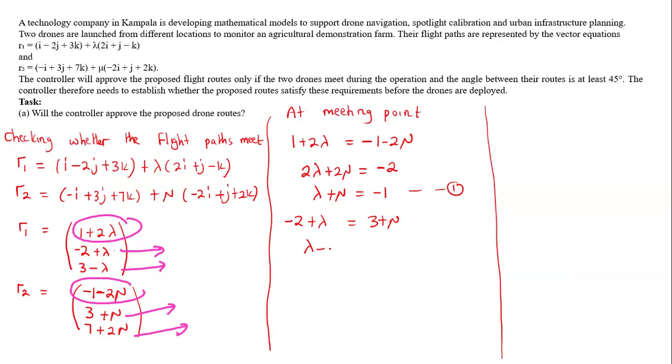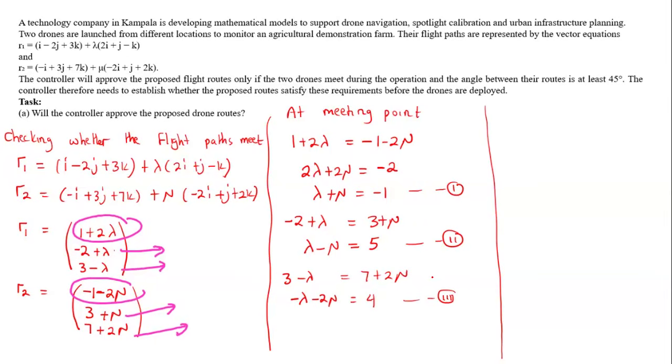So this will be lambda minus mu is equal to 5, and this is your second equation. Then if you want, you can form the third one as well. 3 minus lambda is equal to 7 plus 2 mu. So that means you have negative lambda minus 2 mu is equal to 7 minus 3, which is going to give you 4. This is your third equation.